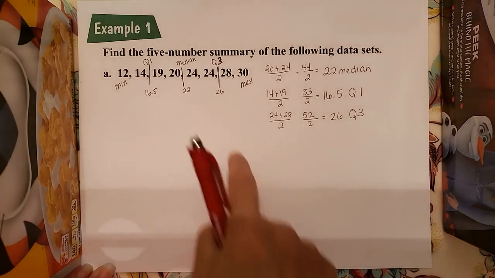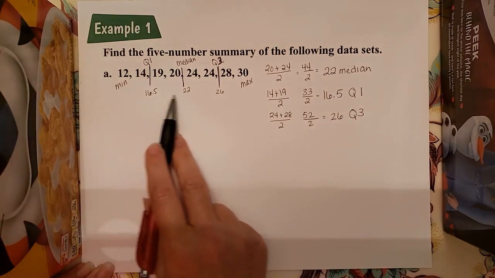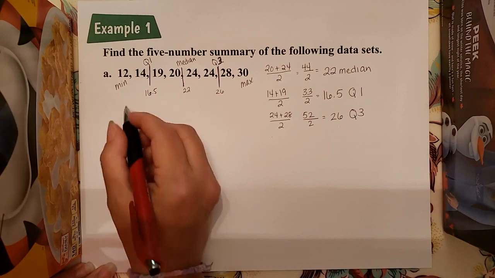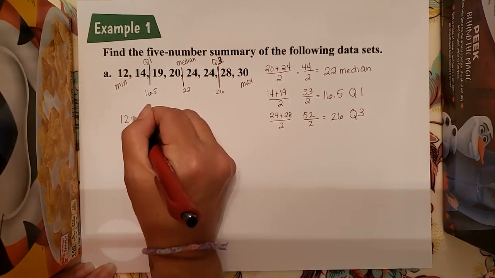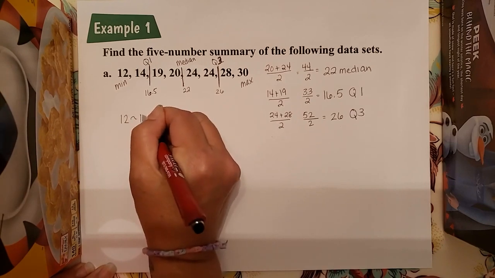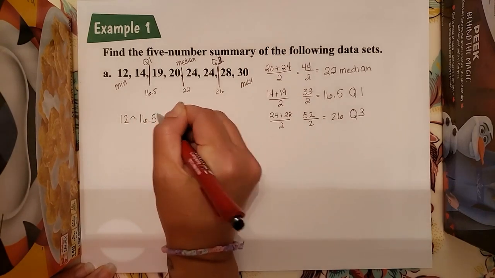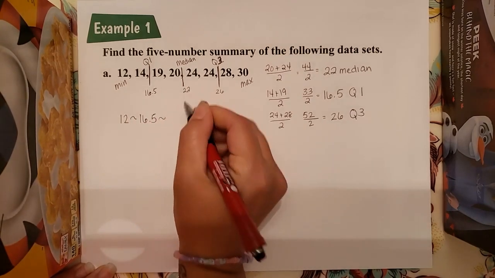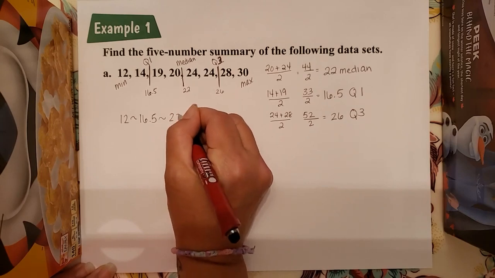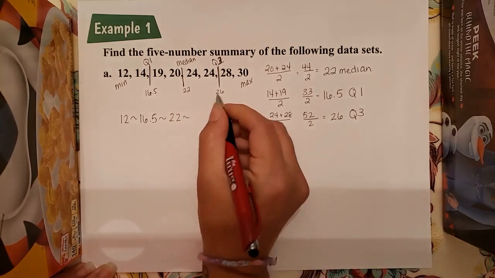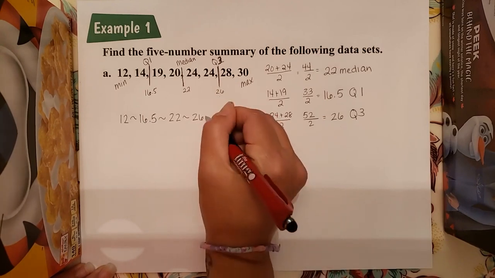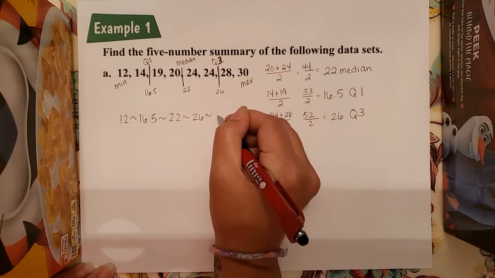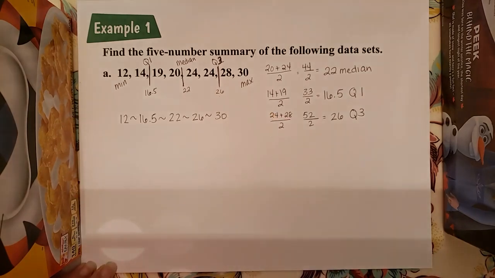So my 5-number summary are these right here, and we would list it like this. 12 is the minimum. Q1 is 16 and a half. We do a little wavy line there. Our median is 22. Wavy line. Q3 is 26. Wavy line, and our max is 30.